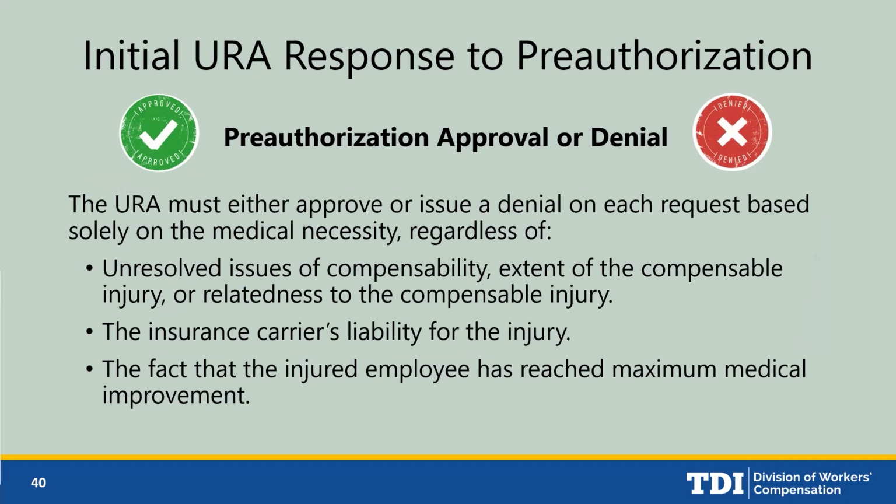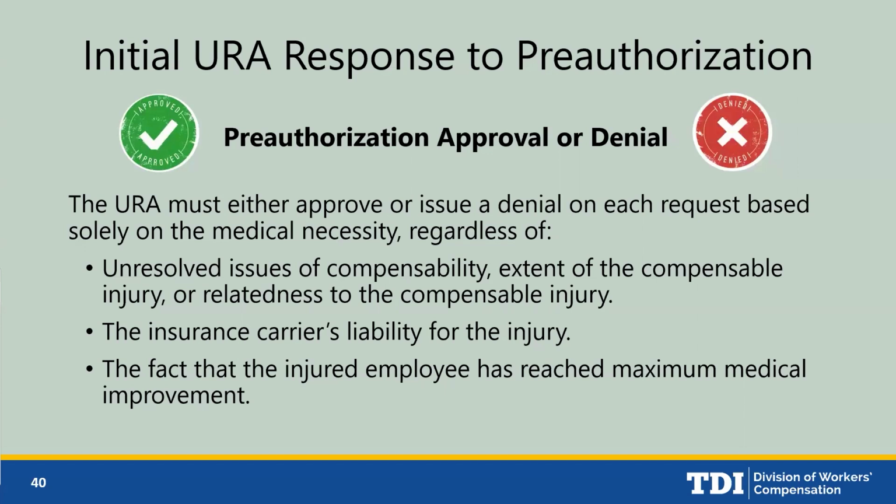Now, we say in the rule that each request and their decision will be based solely on one issue, and that is medical necessity. This whole process is all about medical necessity. So it should be regardless of any outstanding disputes on extent of injury or compensability.